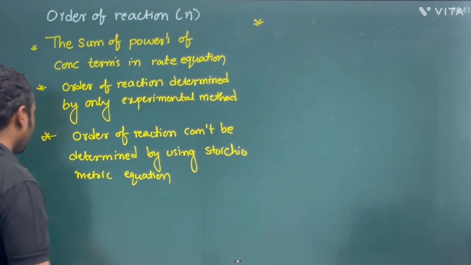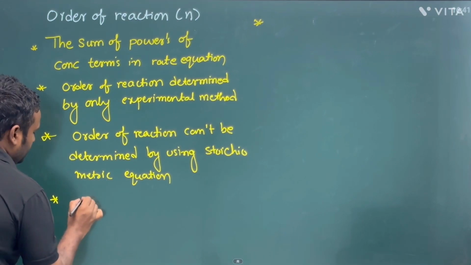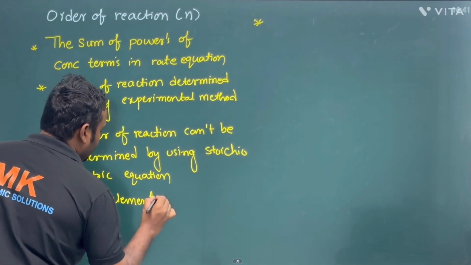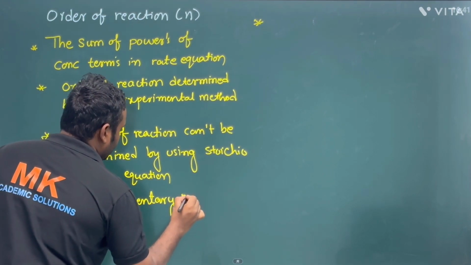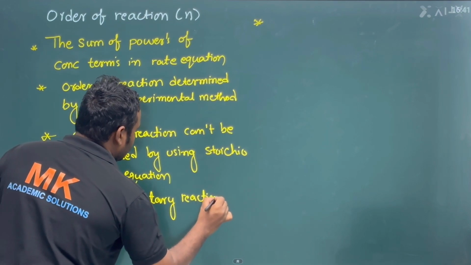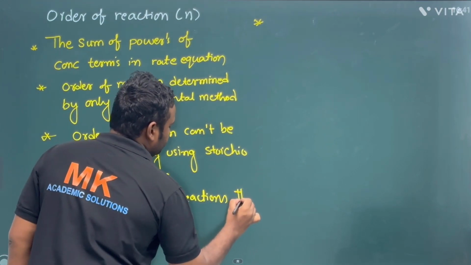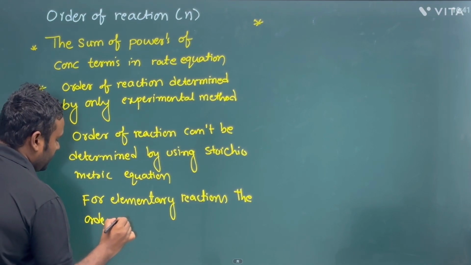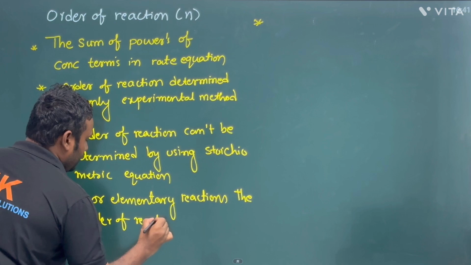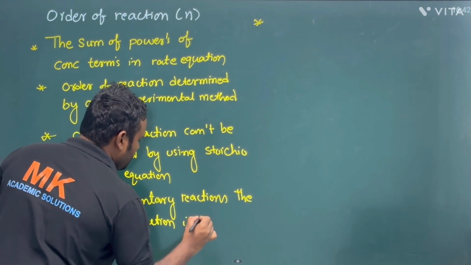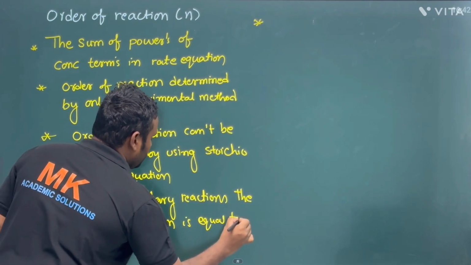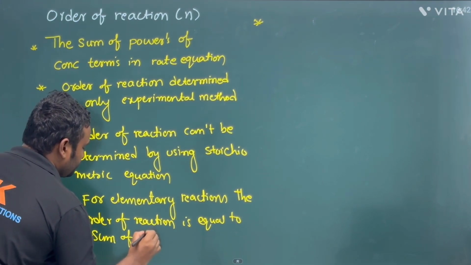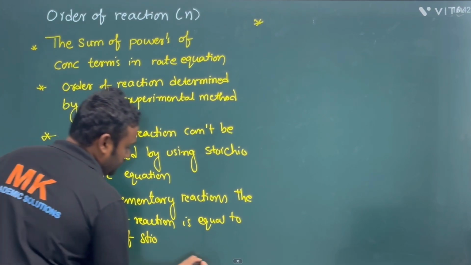For elementary reactions, the order of reaction is equal to the sum of stoichiometric coefficients.